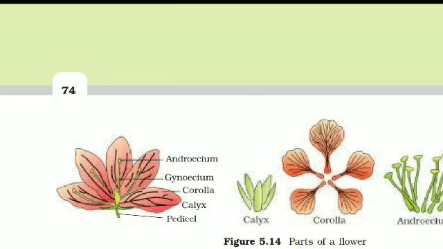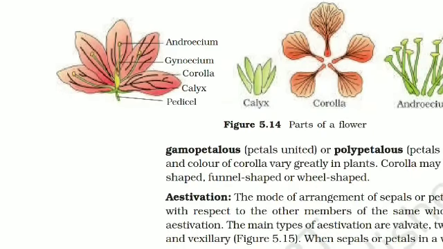Now you will learn about the mode of arrangement of sepals or petals in a flower, with respect to the other members of the same whorl. This mode of arrangement of sepals or petals in the floral bud is called estivation. So what is estivation?